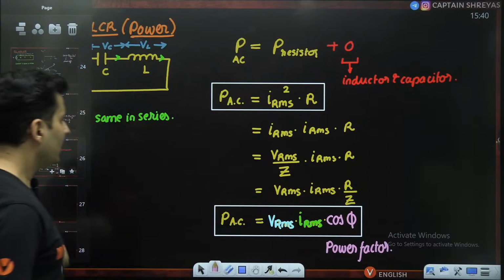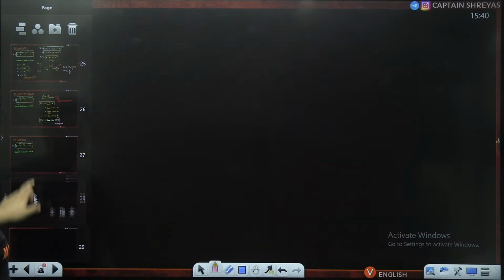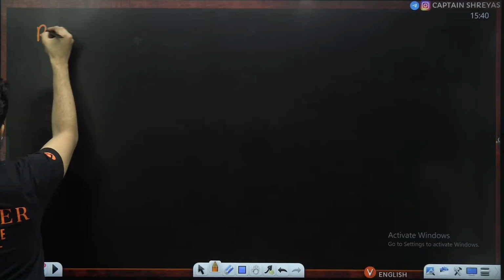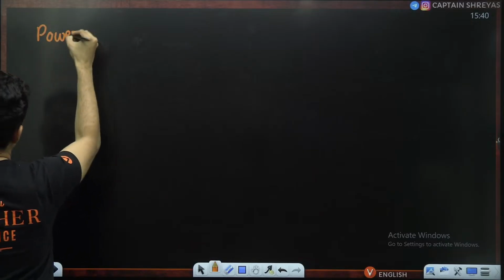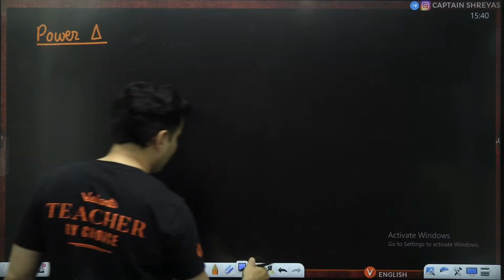Cool. Now, what happens is you make a geometrical figure for these power calculations called the power triangle, which looks something like this.